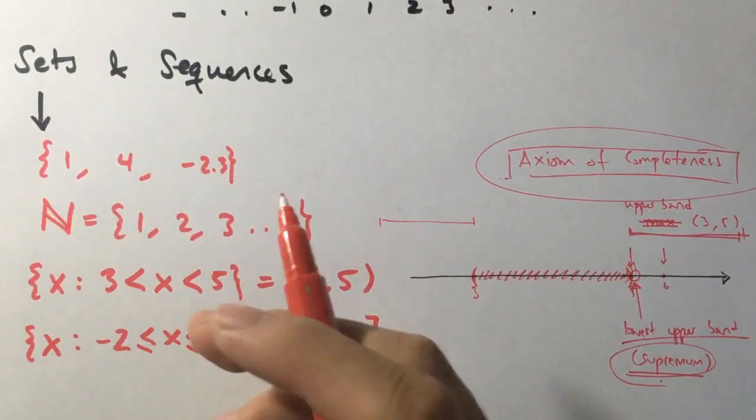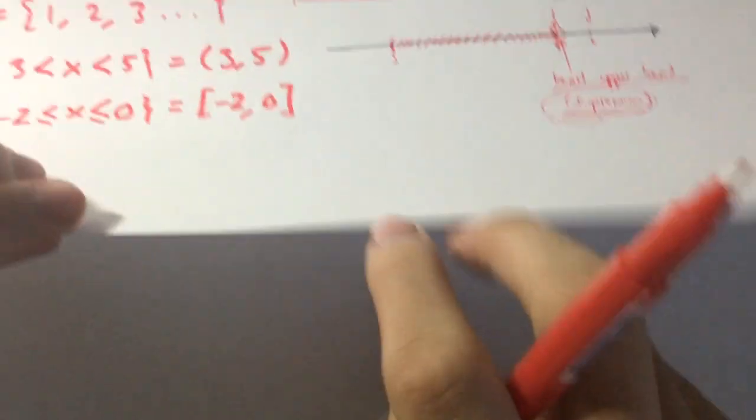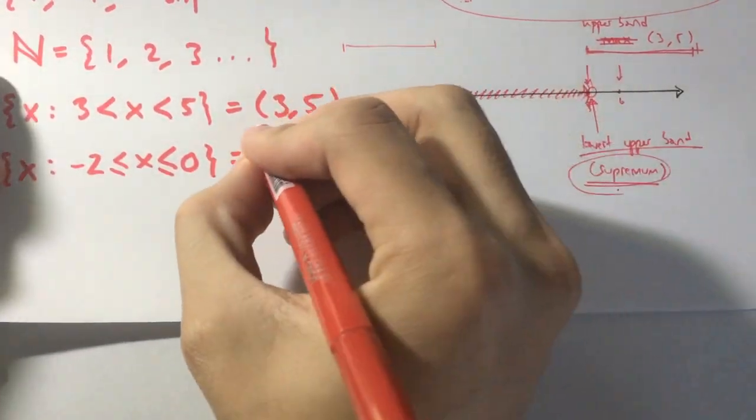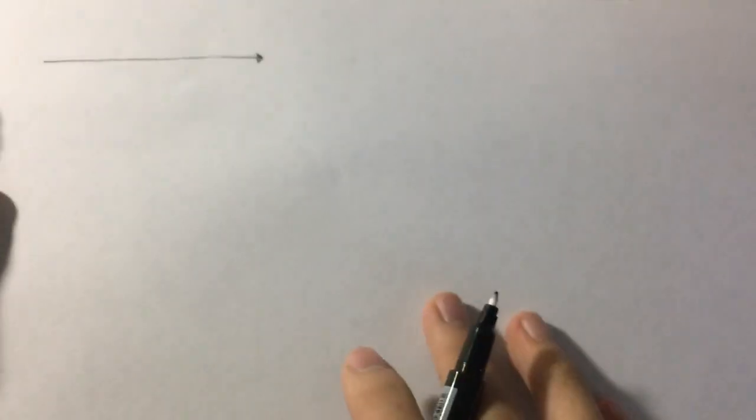Well, for example, now we can talk about things like open sets and closed sets. You might have heard of the words open sets and closed sets before. This turns out to be an open set, this turns out to be a closed set. One idea of an open set is a set where you're not including the endpoints. That's one example of an open set, but how do you make that more rigorous? A closed set intuitively should include the endpoints, right?